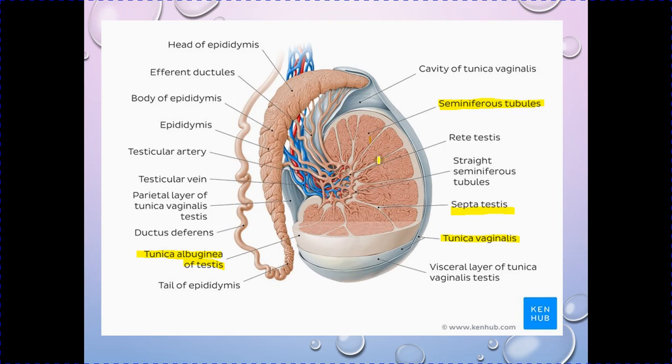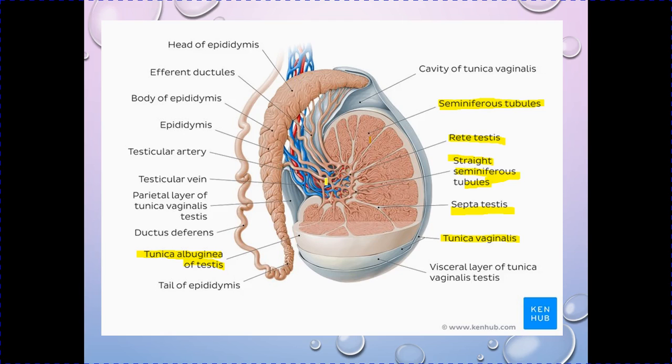Now, the seminiferous tubules at the apex of the lobule lose their convolutions and become straight tubules, the straight regions of the seminiferous tubule. The straight tubules open into the rete testis.